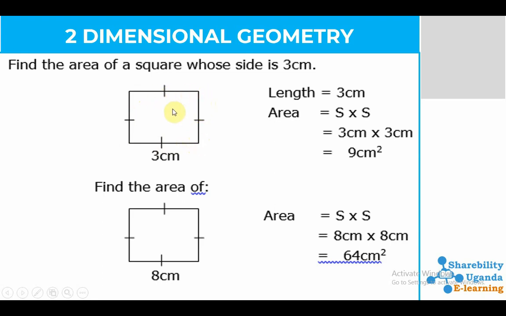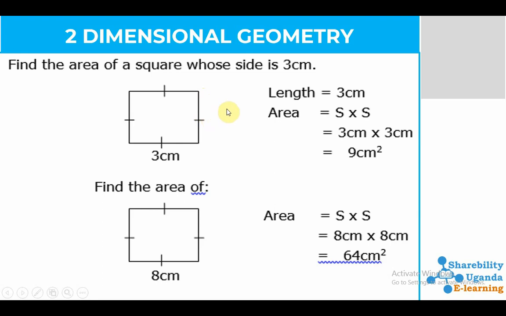Then for us to get the area of this shape, we shall be able to know what is its length, what is its width, what is its length, what is its width. So we shall take this side as our length and this side as our width.